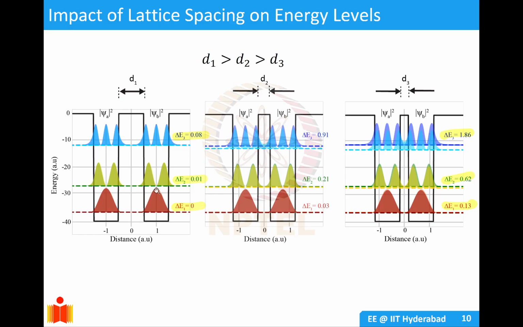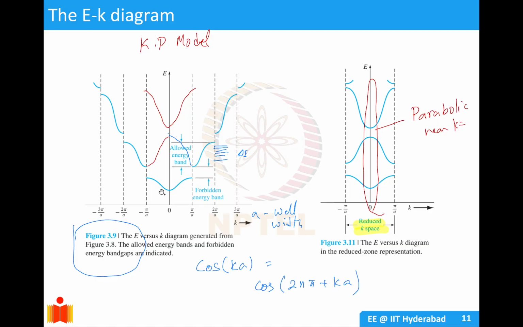So for the first level, you have energy states like this. For the second level, the energy state goes like this. Third level, the energy state goes like this. And you plot here the first level energy state, then the second level, then the third level, then the fourth level energy state.